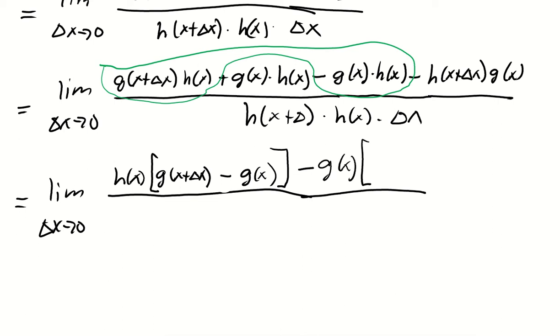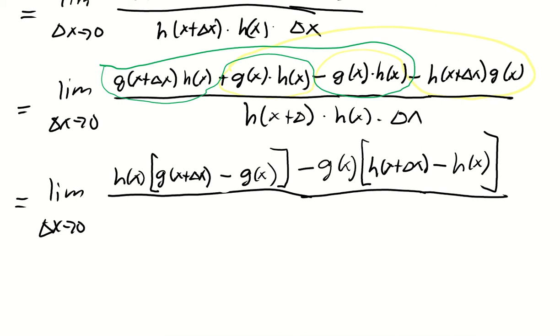So this one we use here: h of x plus delta x, we factor out g of x. Then the remaining term here is plus, and we factor out the minus. In order to make it a plus, we need to multiply minus with a negative. So this should be minus, because if we distribute it, negative g of x times negative h of x will be equal to positive g of x times h of x.